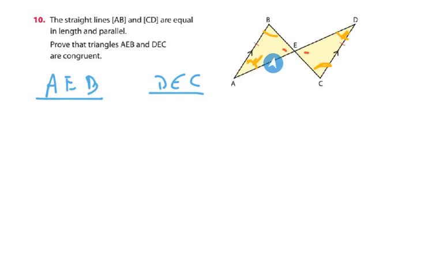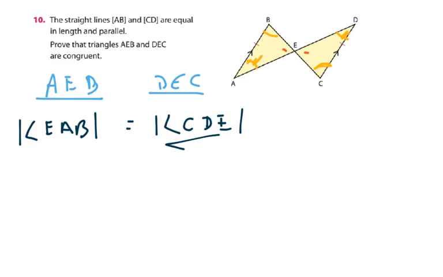So I'm going to look at this one here, EAB. So the angle EAB is equal to the angle CDE. You could also have written down, instead of CDE, EDC, it's the same angle. So let's just check that again.